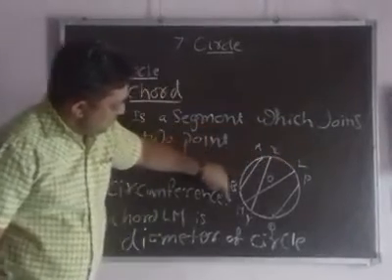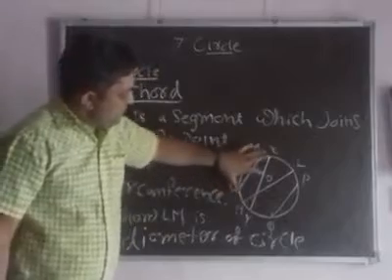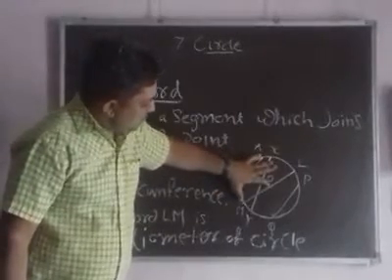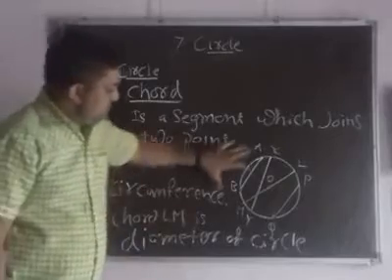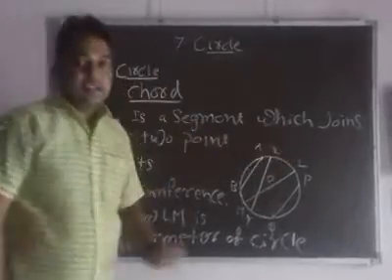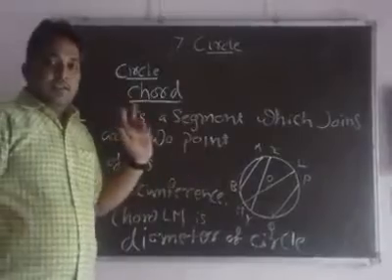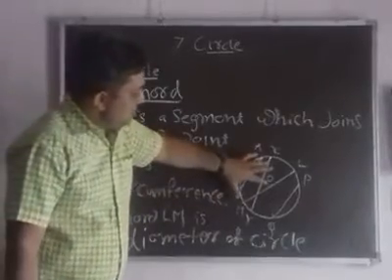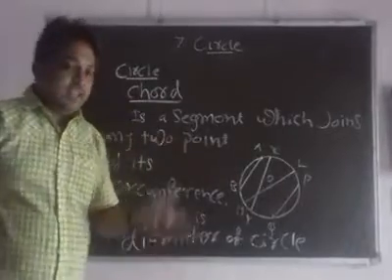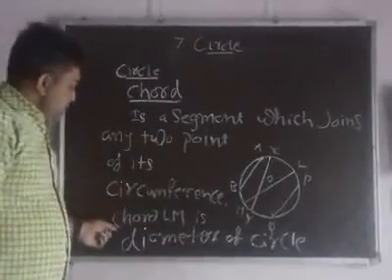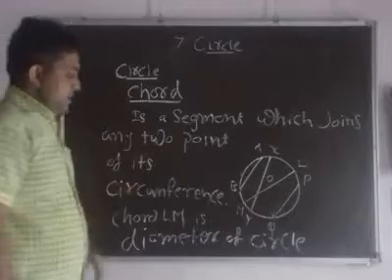For this diameter ML, 2 times the radius is involved here. OM and OL are the radius, so diameter is 2 times the radius. This is the relation between the diameter and the radius.